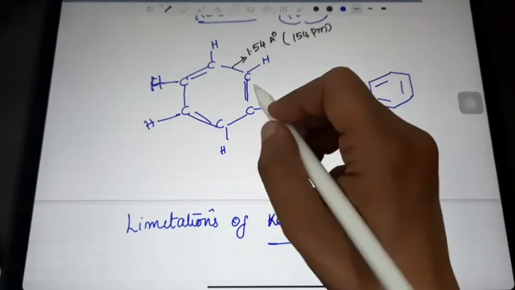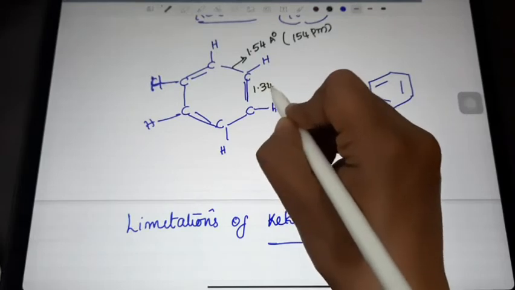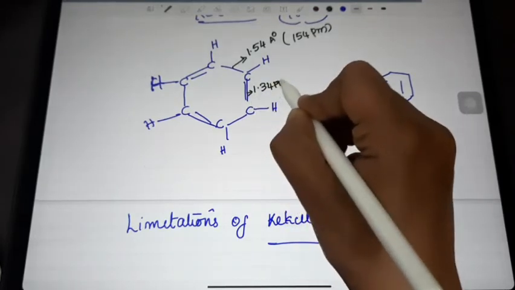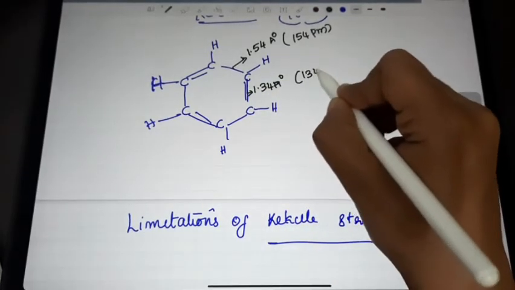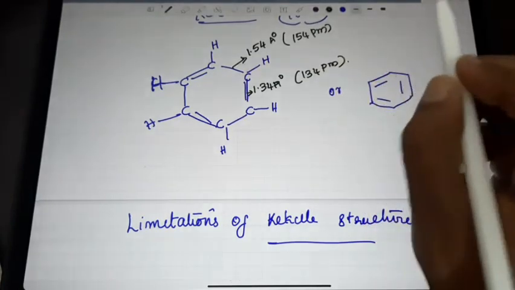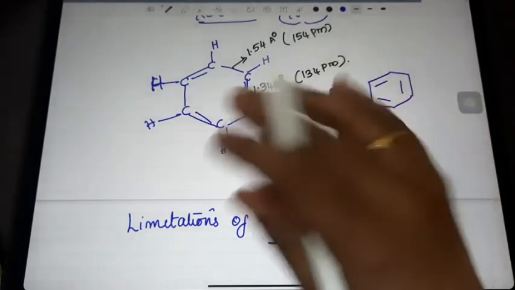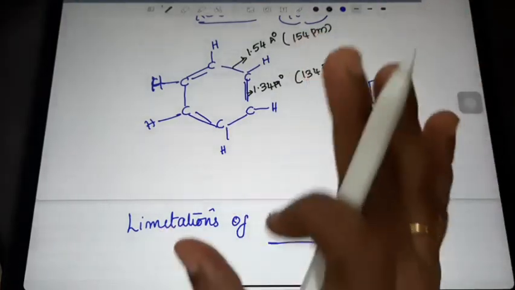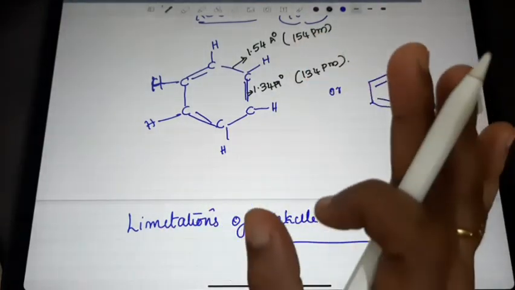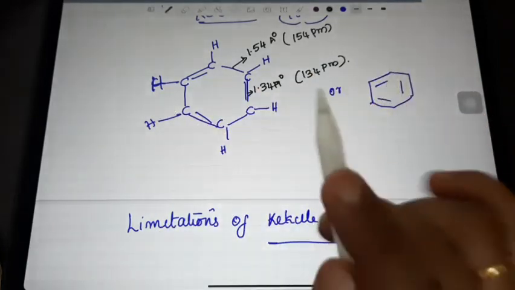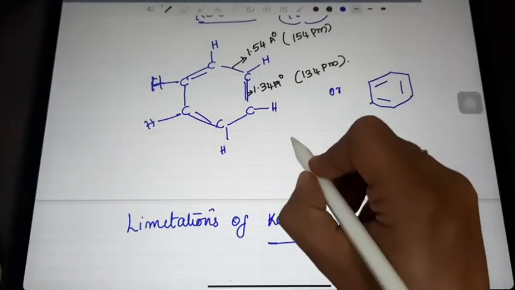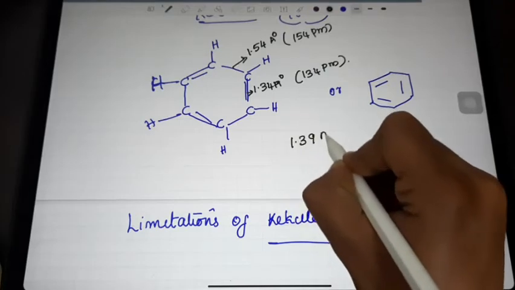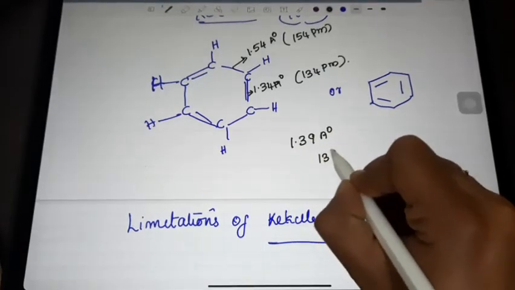And that of a double bond is 1.34 Angstrom, that is 134 picometer. But experimentally it is found that all the carbon-carbon bonds in benzene, whether single or double, are of equal length. Its value is 1.39 Angstrom, that is 139 picometer.